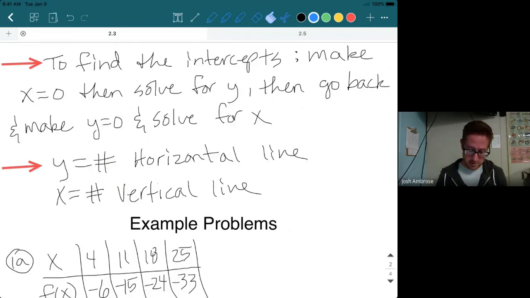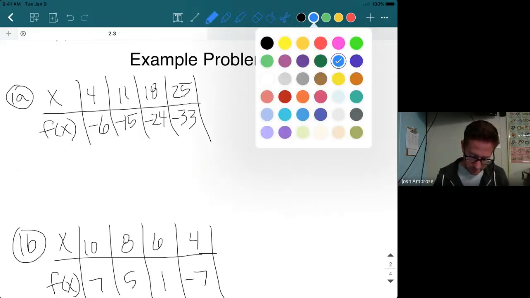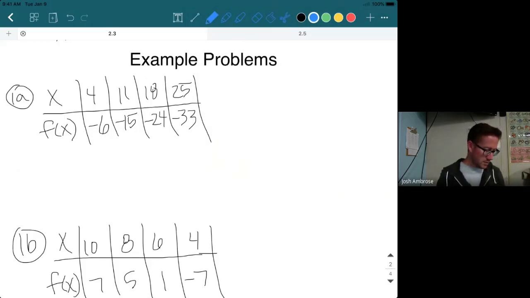All right, let's do some example problems. So here we go. We are going to jump into 1A, which is on page 105. So the first thing we do is figure out what is the difference between every x value. And it's looking like the difference here, I believe, is going to be 7 every single time.